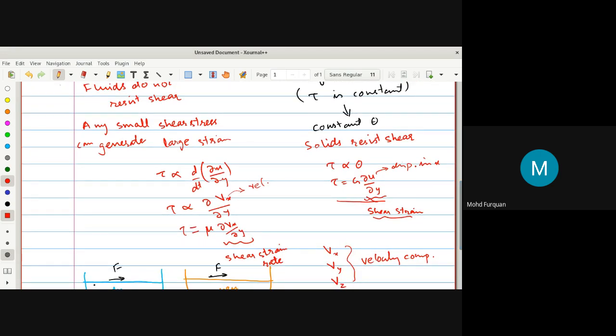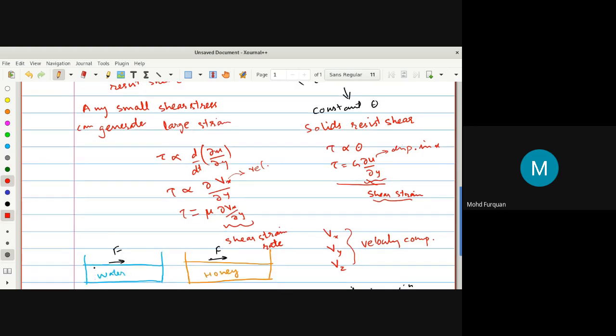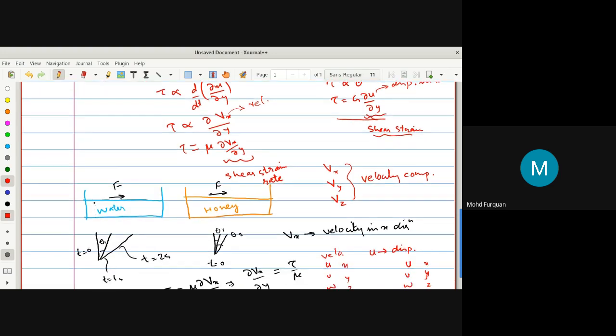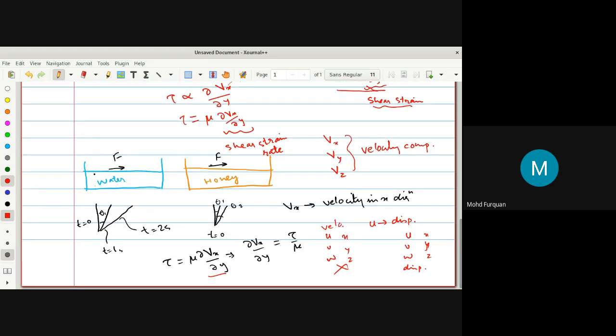So what we do is we don't define fluids in terms of shear strain. We use rate of shear strain. We use rate of strain, because I gave you this example of water and honey to explain that different fluids have different rates of strain for the same force.